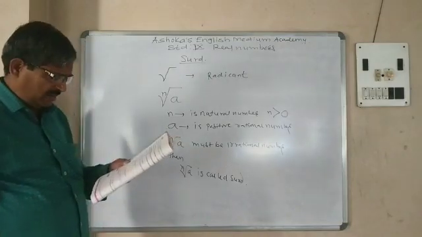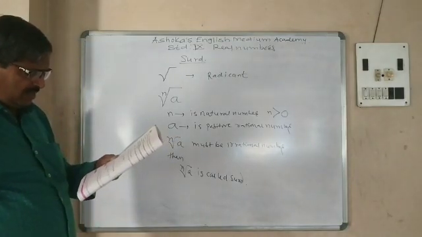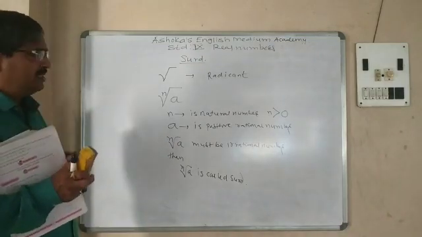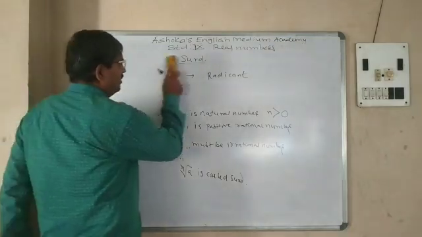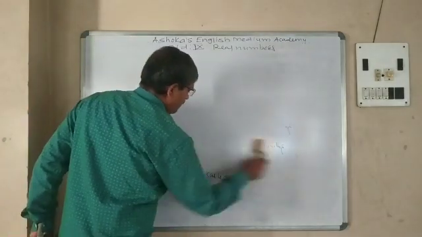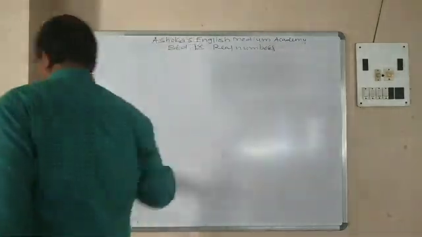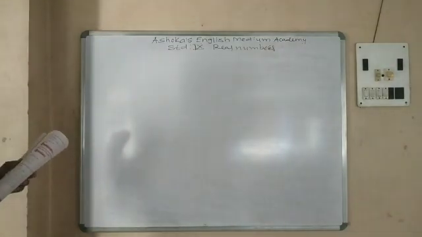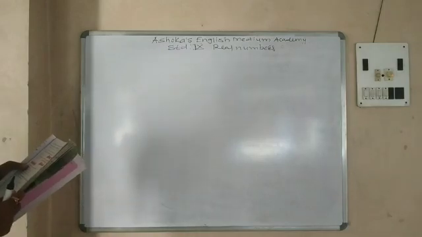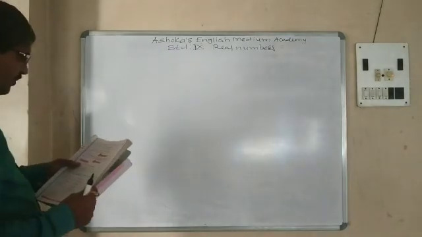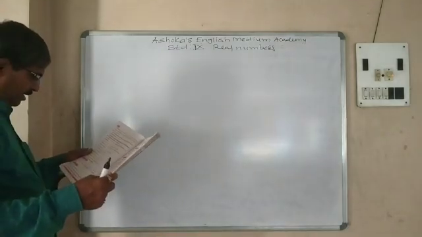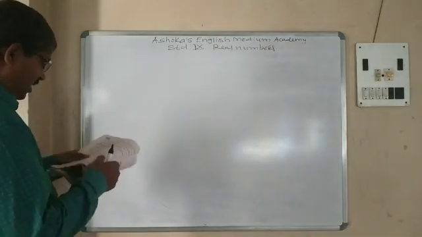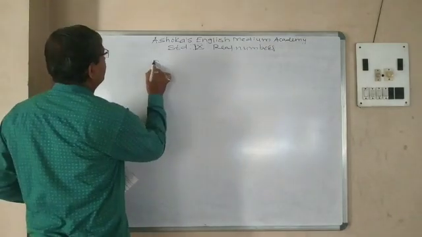Now there are certain kinds of surds. We will see some examples of the simplest form of a surd, similar surds. Now the types of surds, which are similar surds and which are dissimilar surds, that we will study.